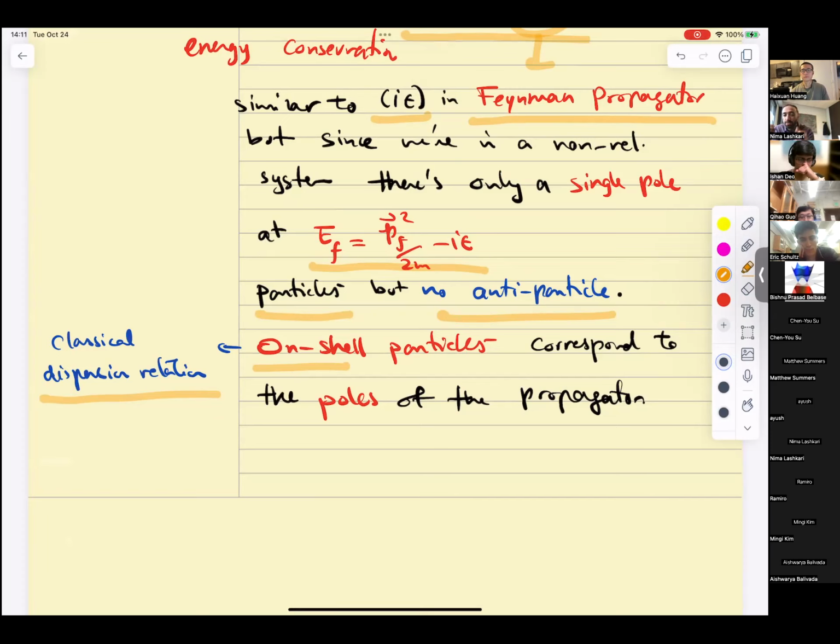So let's say we're in 3+1 dimensions. We have Qi, which is 3 variables, and Ti is the 4th. And you have Qf and Tf, which makes 8, right? Because of translation in space and time, you can get rid of 4 variables. You could shift them and set Qi and Ti to 0. In Fourier space, those would correspond to momentum and energy conservation.